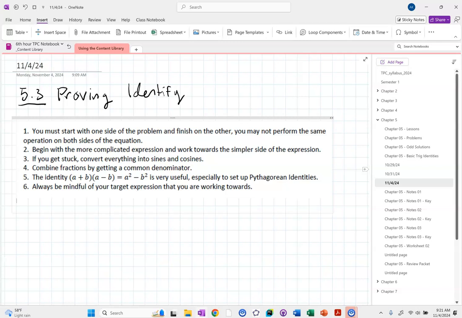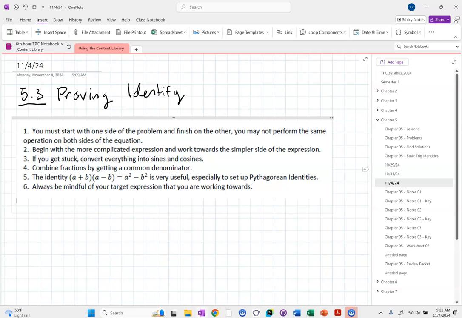So for these identities, you must start on one side of the problem and finish on the other. You can't do anything to both sides. You can't do something to both sides of the equation. You have to start on one and finish at the other. You can't cross multiply. You can't clear fractions. You're not allowed to do stuff like that. Okay?